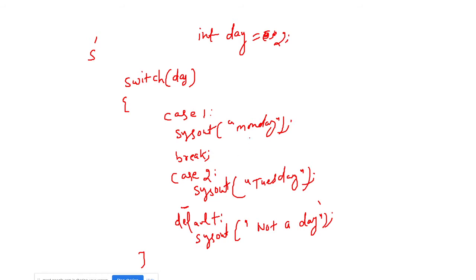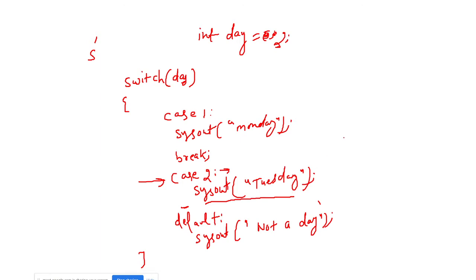So see, just note down this point. If you are not finding any break, it will execute the next case. So if I jump to case 2, because the situation is day is equal to 2, the value you passed is 2, so it will jump to case 2 and execute this line.